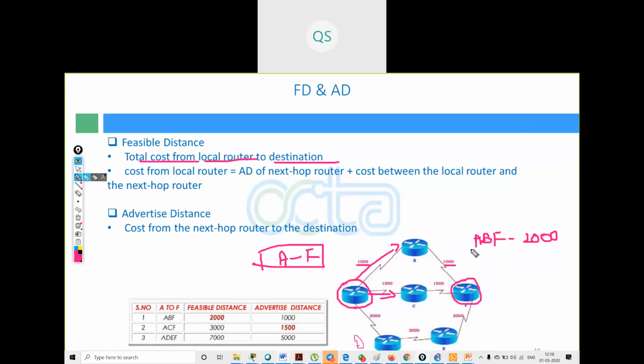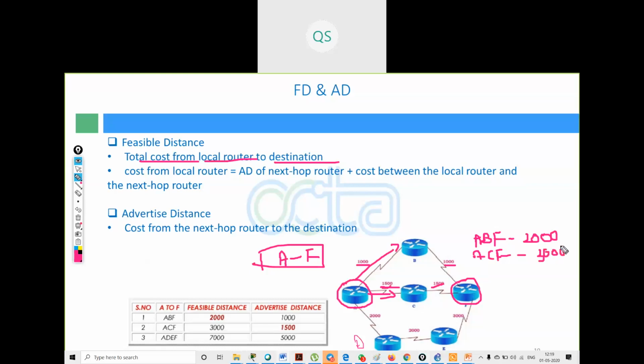Understood. So if I calculate via this route ACF, what will be my FD value? My FD value will be 1500 plus 1500, that will be 3000.